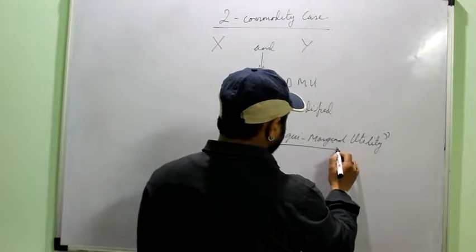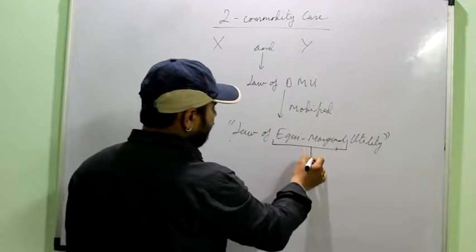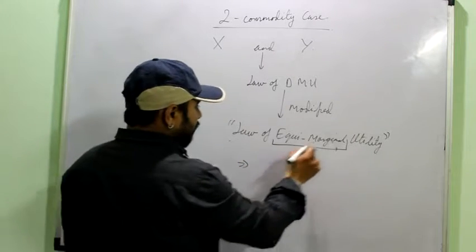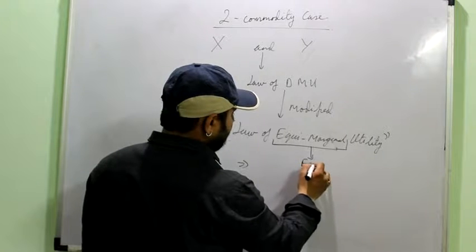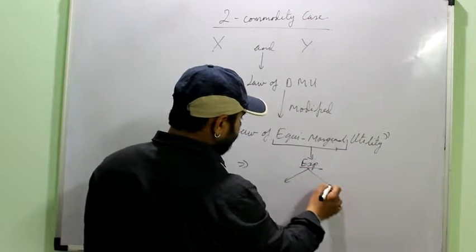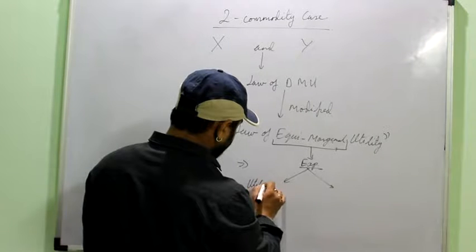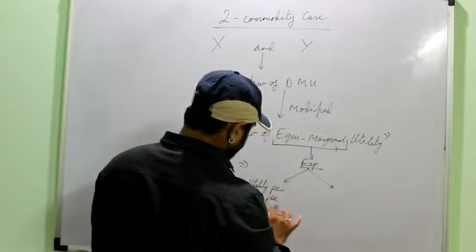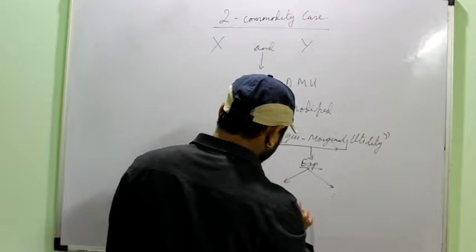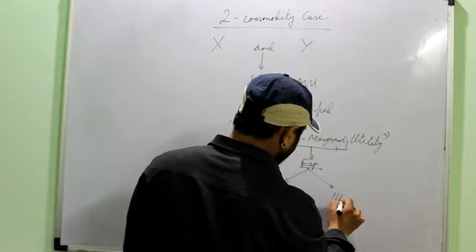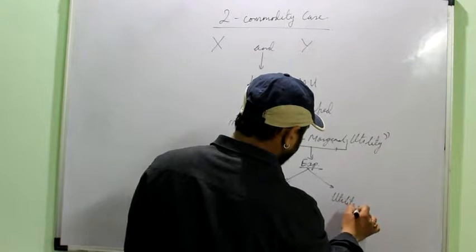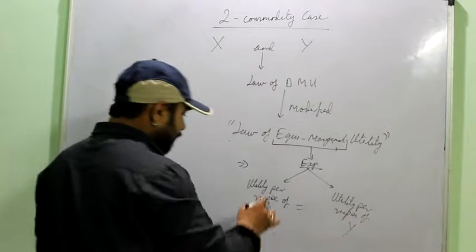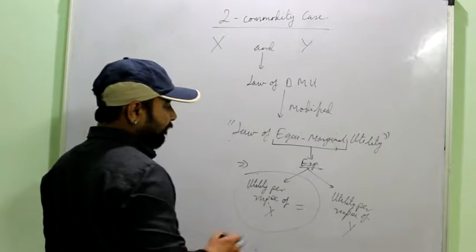So this law states that a consumer tries to allocate his expenditure in such a way that the utility per rupee of X is equal to utility per rupee of Y. Already we have done how to calculate the utility per rupee.